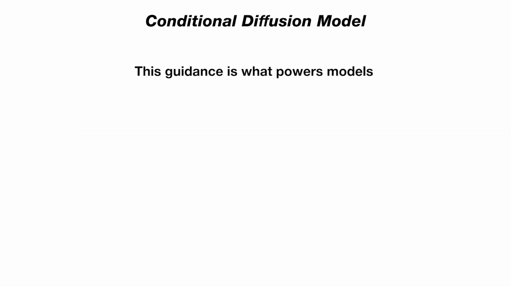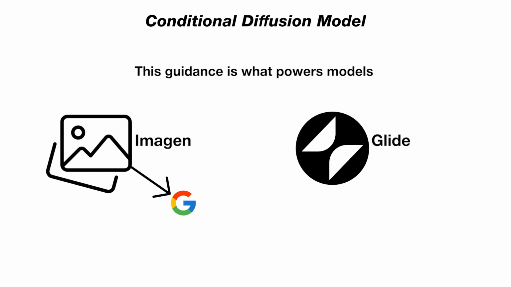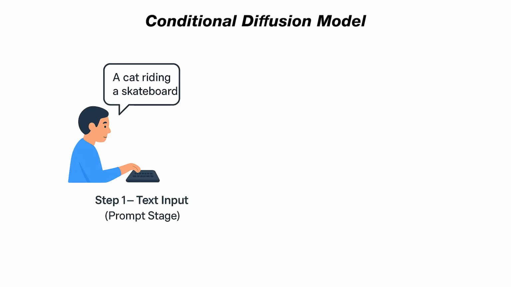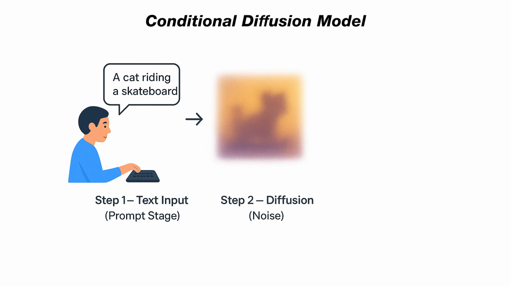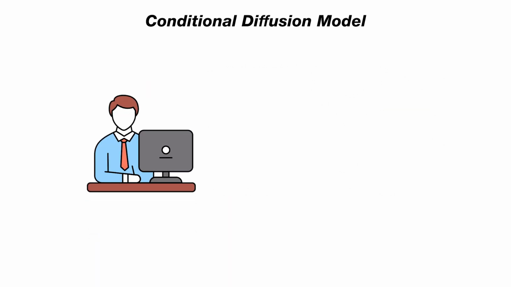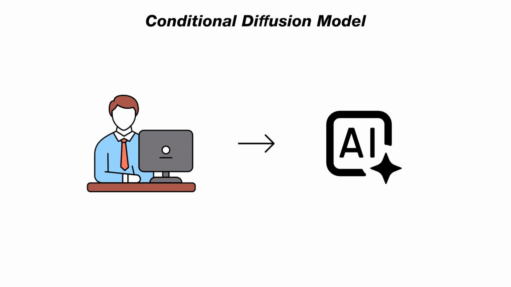This guidance is what powers models like Imagen from Google and Glide from OpenAI. You can type a phrase like, "a cat riding a skateboard," and the model denoises towards that exact concept. The result is controllable, highly specific outputs instead of abstract guesses. Conditional diffusion gave rise to today's explosion of creative AI tools, where users finally decide what the algorithm paints.